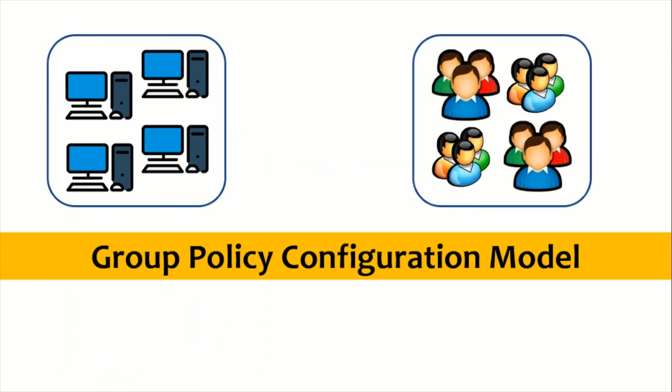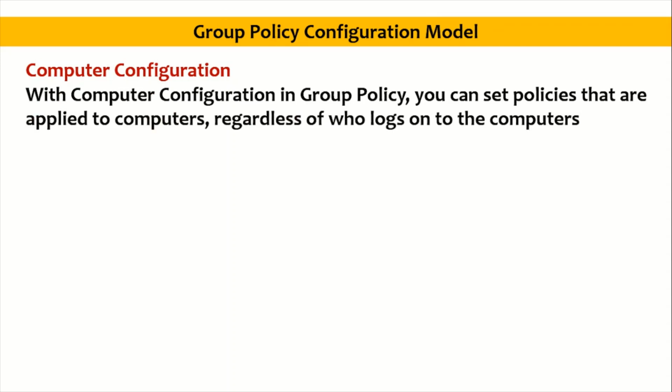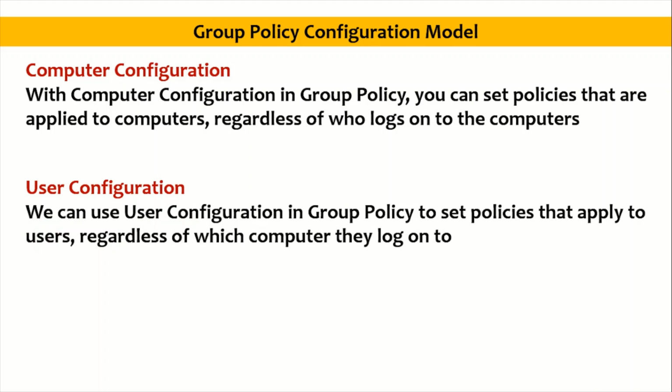Now let us understand the group policy configuration model. We have two things over here. Computer configuration: with computer configuration in group policy, you can set policies that are applied to computers. These settings will be applied regardless of who logs on to that computer. And we have user configuration: we can use user configuration in group policy to set policy that applies to users regardless of which computer they log on to.